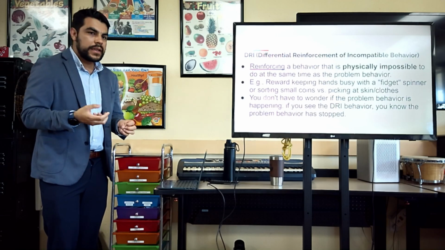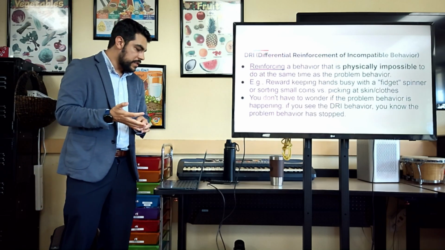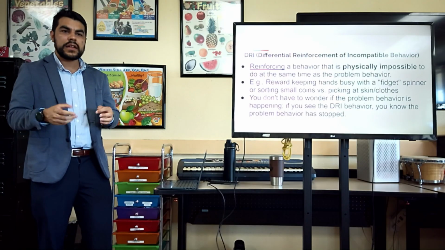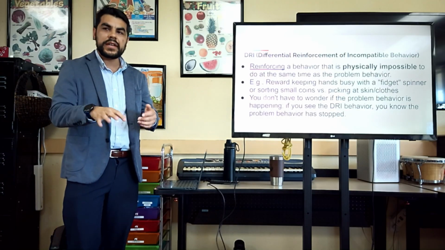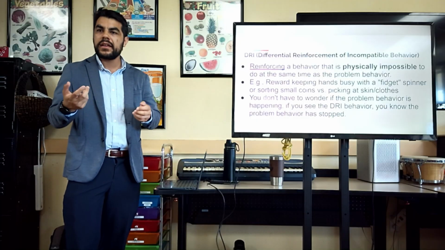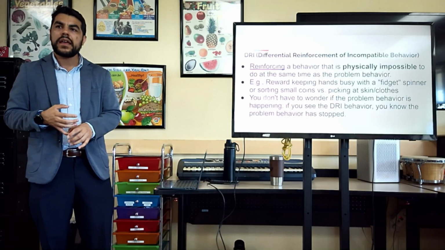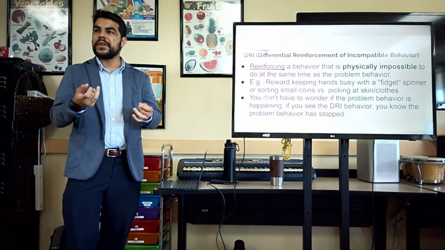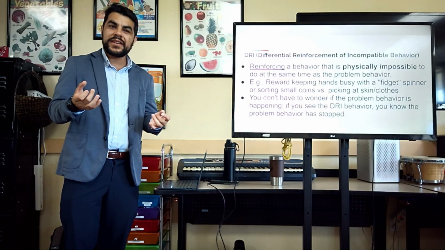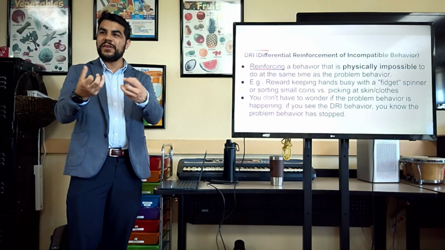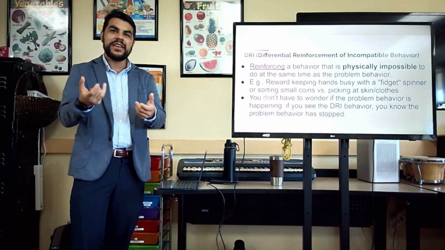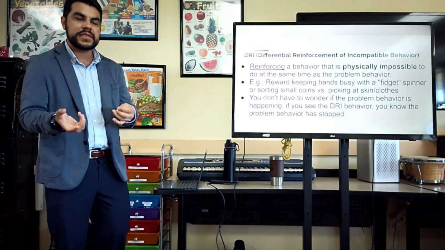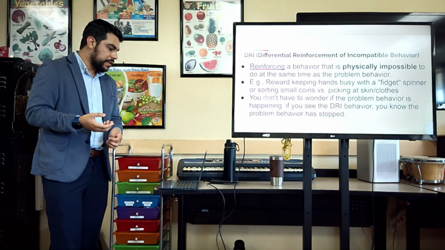For instance, if somebody engages in a lot of SIB behaviors related to their hands, for instance, picking at themselves, then an incompatible behavior to that would be to have their hands full with sensory items. You can't pick your skin while having your hands full with other items that also provide similar sensory stimulation.